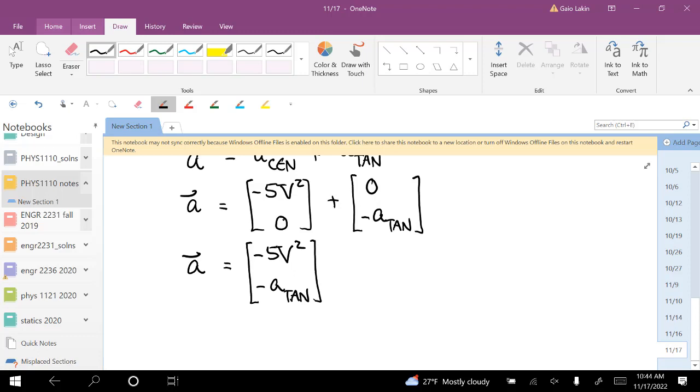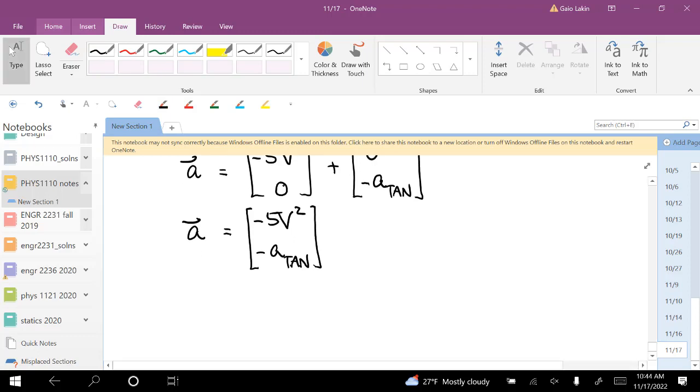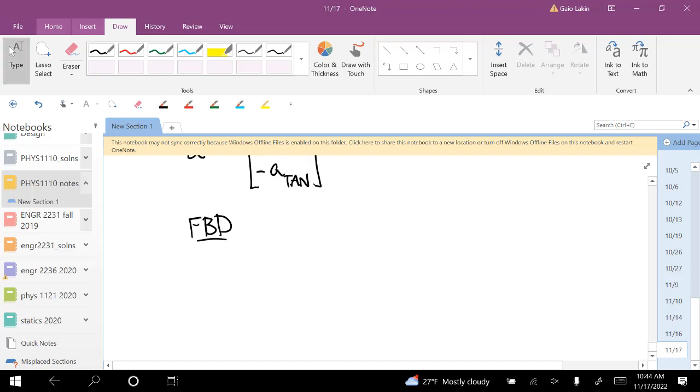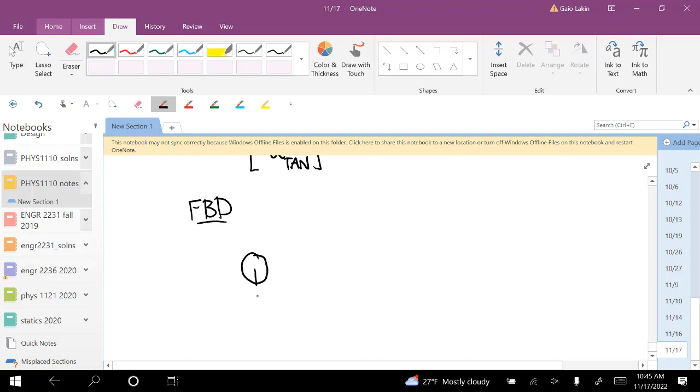Okay. So now that we've gone as far as we can with the acceleration, now I'm going to draw a free body diagram and use Newton's second law. The first thing we're trying to figure out is the tension in that cable. So free body diagram of the ball at that instant, there's a weight force down. That's 0.1 times 9.81, so that's 0.981 newtons. Then go around the boundary looking for contact with the surroundings.